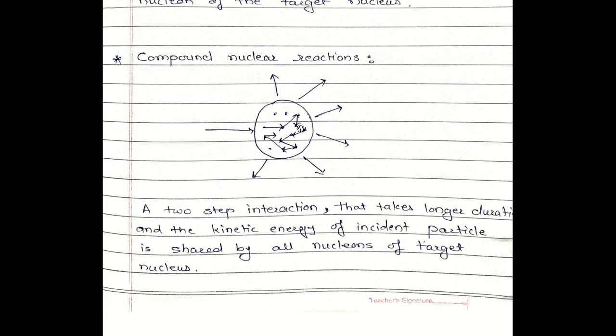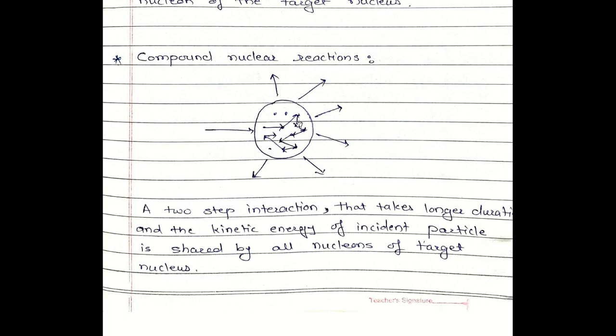It has its own state. This phenomenon is well known as Bohr's independence hypothesis, because this compound nuclear reaction concept has been proposed by Niels Bohr, and he said that, let us call it the independence hypothesis.